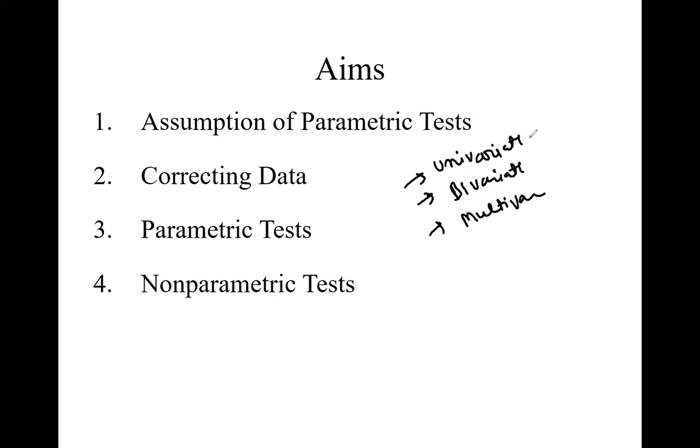Univariate means we are analyzing only a single variable. Bivariate means we are analyzing two variables and finding the relationship between the two. And multivariate technique means we are analyzing more than two variables at a time.